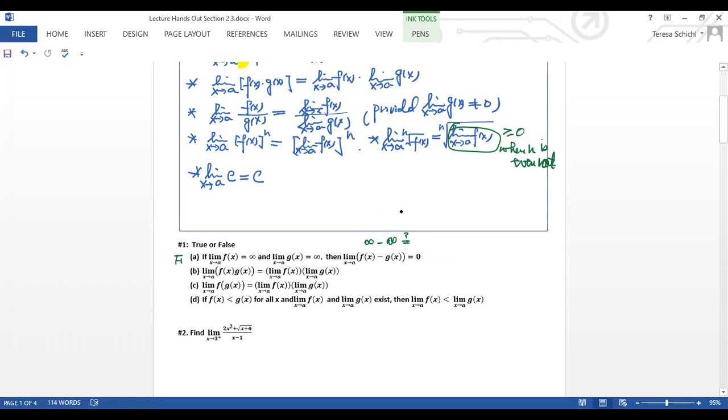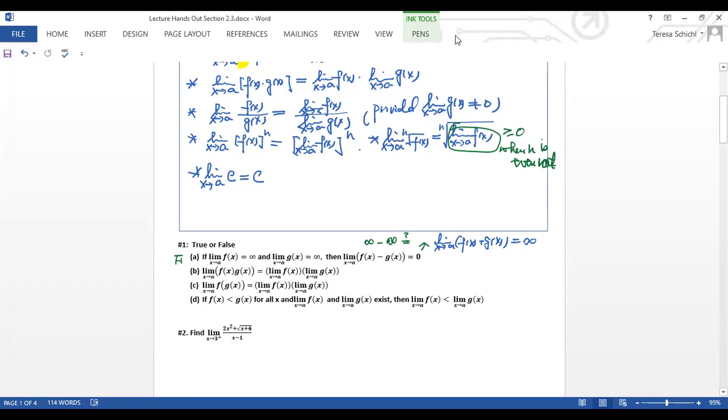So we don't know, and this is the situation we're going to take a look at: how do we handle it if we have an indeterminate form of a limit? One of them is infinity minus infinity. How about for the same premise, if I change it to here, will this be true? The limit as x approaches a of f of x plus g of x equals infinity.